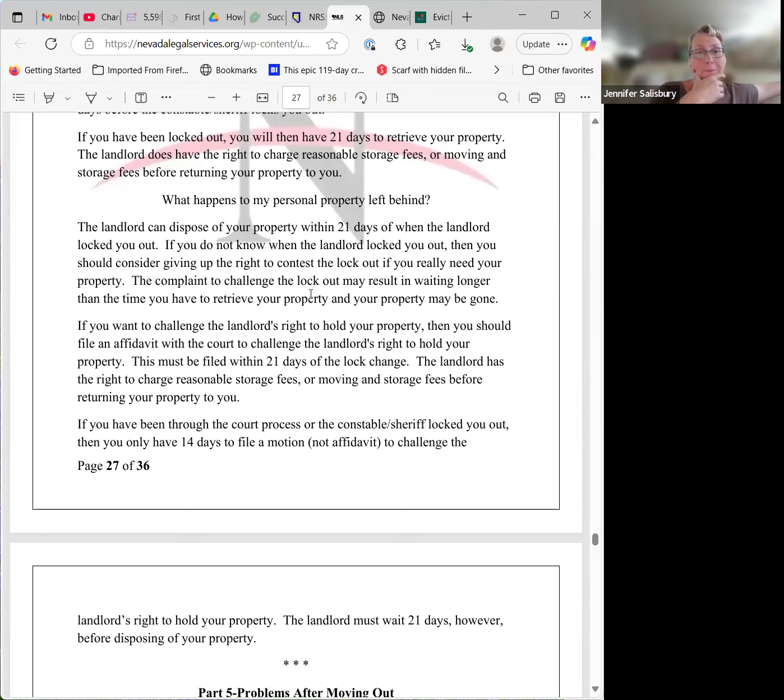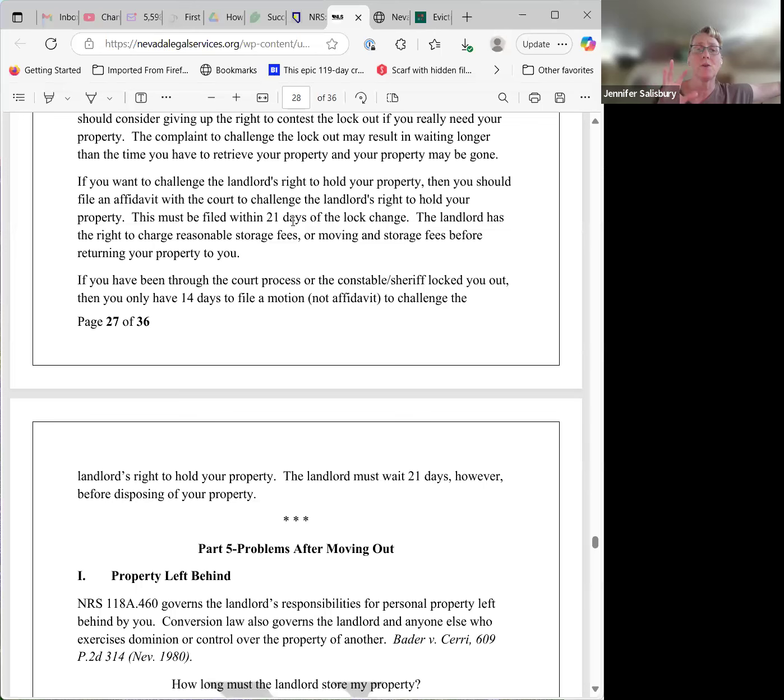So if this is happening to you, if you are a Nevada landlord and you've got questions about abandoned property, you need to call your legal aid society in your local area and ask them the question, because this makes it confusing. Is it 21 days after you change the locks, or is it 30? Here it's saying 30, and the landlord can dispose of the property in a commercially responsible manner. Yeah, this can be a little bit confusing.